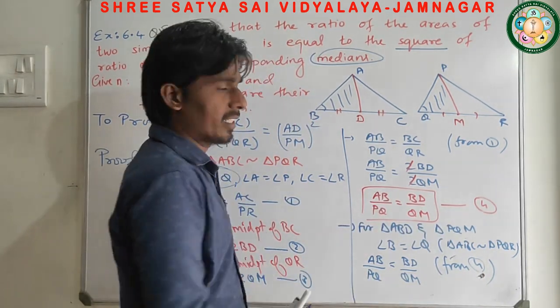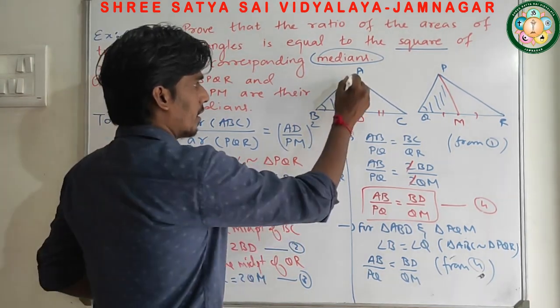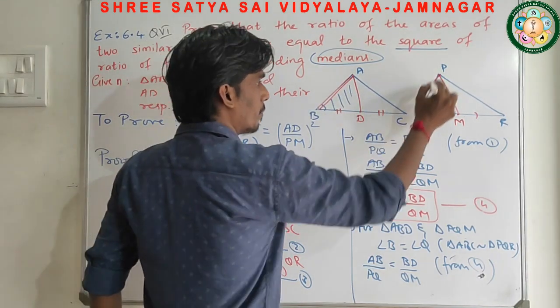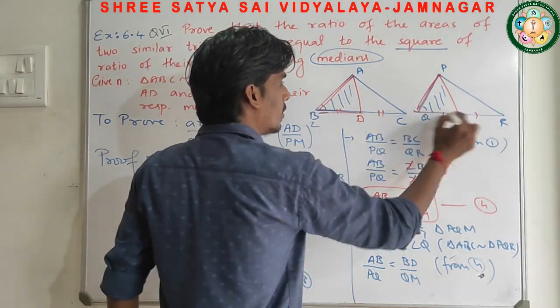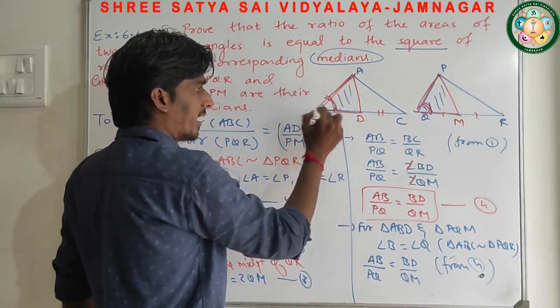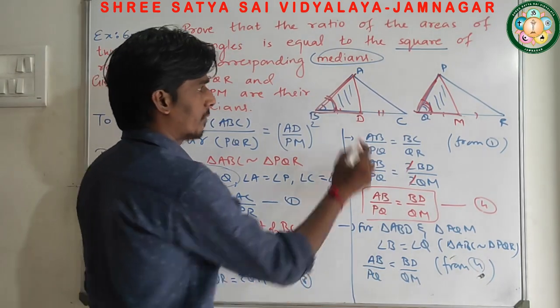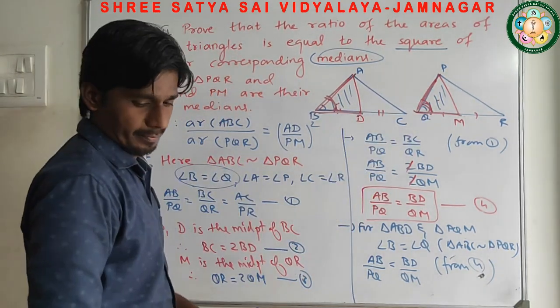So these are what, corresponding sides. This AB upon PQ is equal to BD upon QM, and the included angle are also equal. So by side angle side criteria, I can say that both the triangles are similar.